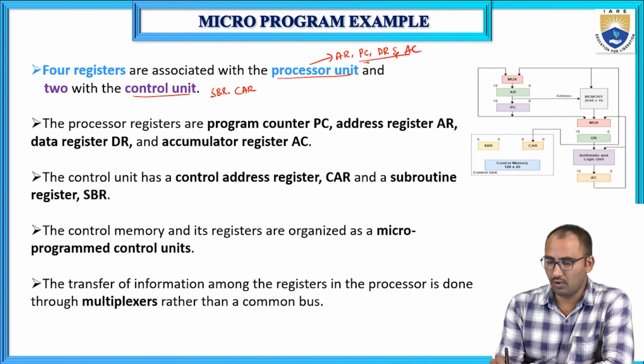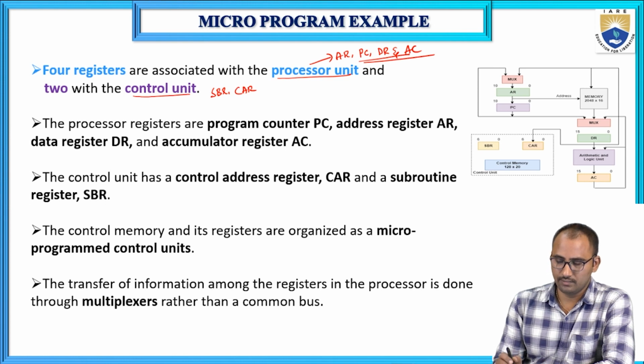So these are the 4 registers associated with the processor unit. Okay. So the control memory and its registers are organized as a microprogrammed control unit. And the transfer of information among the registers in the processor is done through multiplexers rather than a common bus.